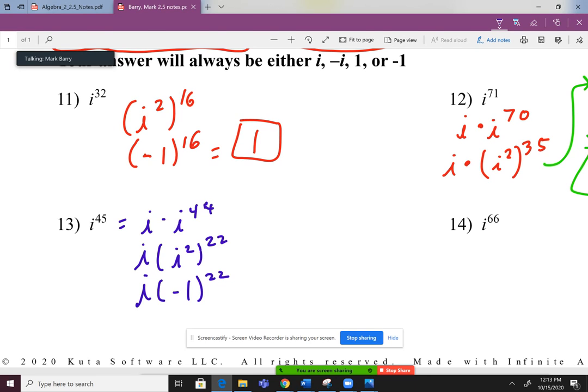All right, next up, we know that I squared is -1, so I'm going to change it to that. Next up, -1 to an even power. What's -1 to an even power? +1, very good. 1 times I, well, 5 times 1 is 5, 10 times 1 is 10, so I times 1 must just be I.